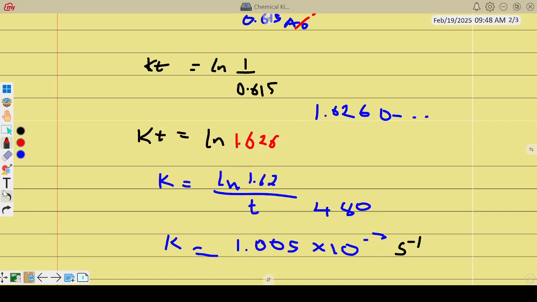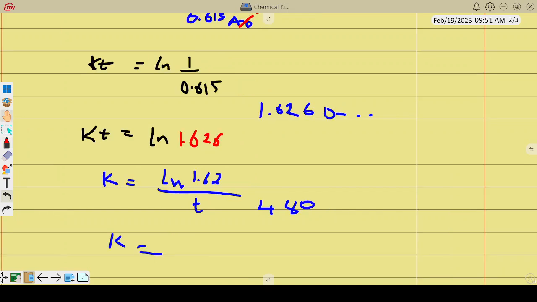So what will be the rate constant? I hope this one will now make more sense. So we say ln 1.626, and then we divide by 480. The values are quite okay.